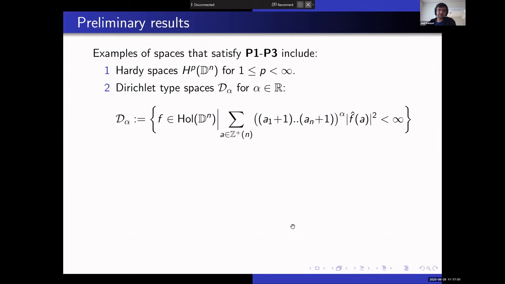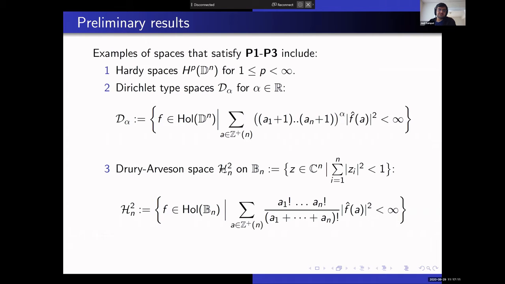Dirichlet type spaces consist of examples like the usual Hardy space H2, the Dirichlet space, and also the Bergman space, etc. And just to give an example of a space of functions over a different domain, we also have the Drury-Arveson space, and also the Besov-Sobolev spaces work as well. On the unit ball of C^n, they satisfy properties P1 through P3 as well. And there are many more.